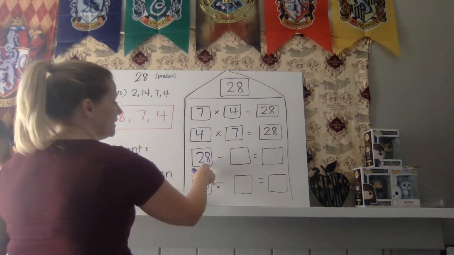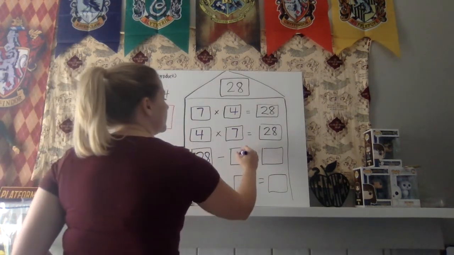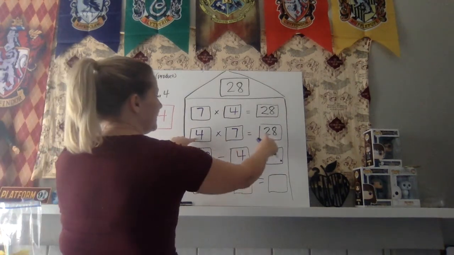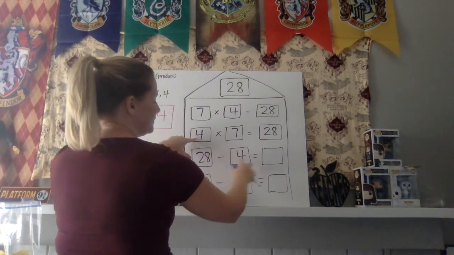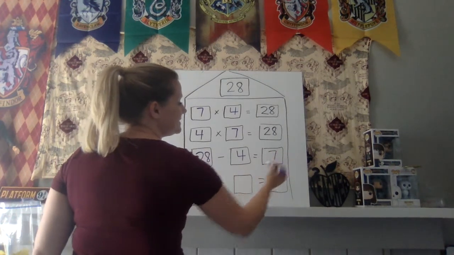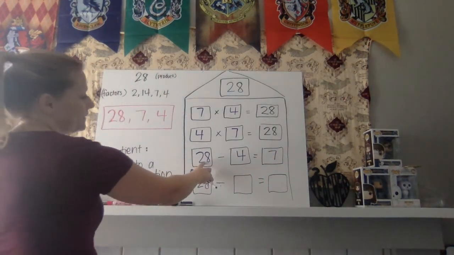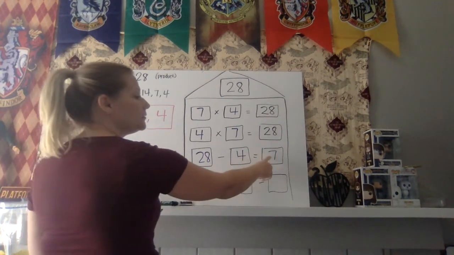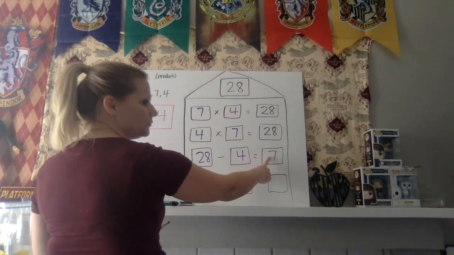So if we say 28 divided by 4, that means that the only other number that we have listed right here that we haven't written down here is 7. So if we were to divide 28 little counters into 4 groups, there would be 7 counters in each group.